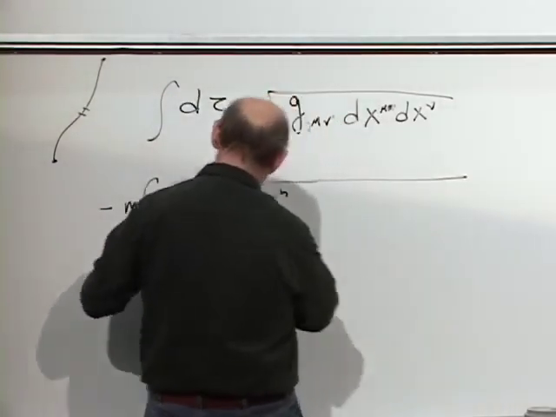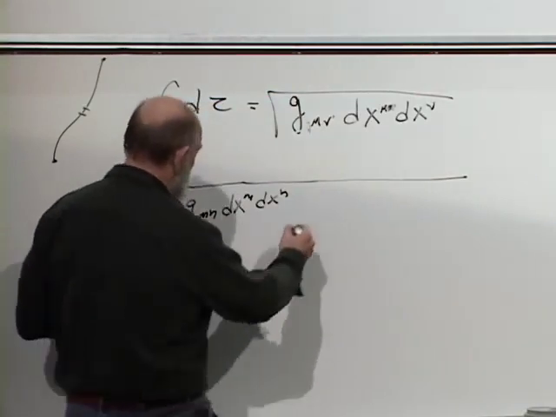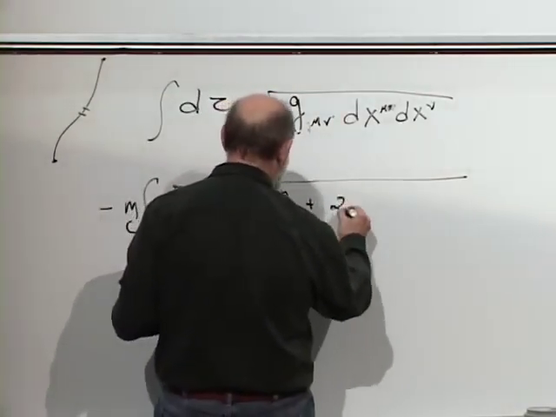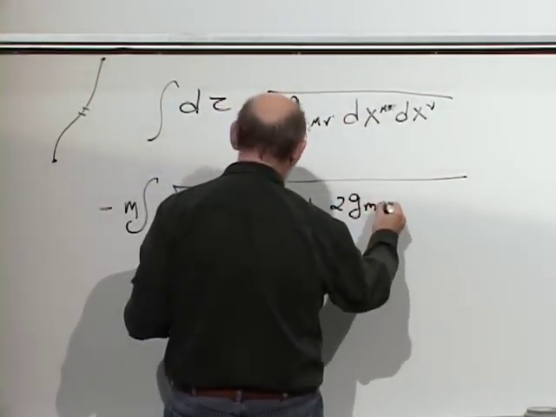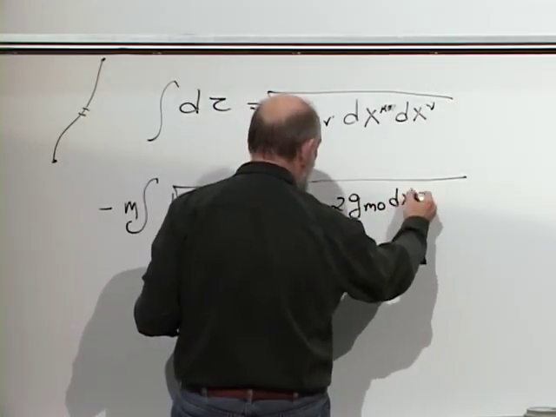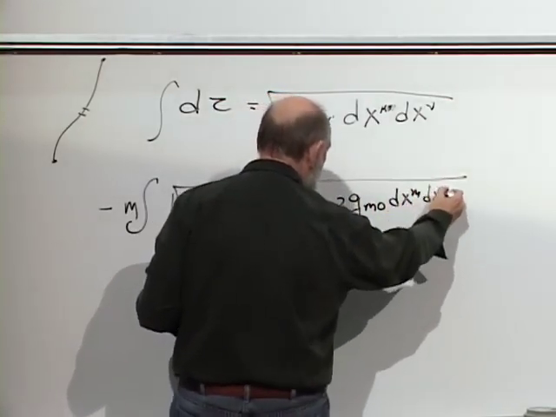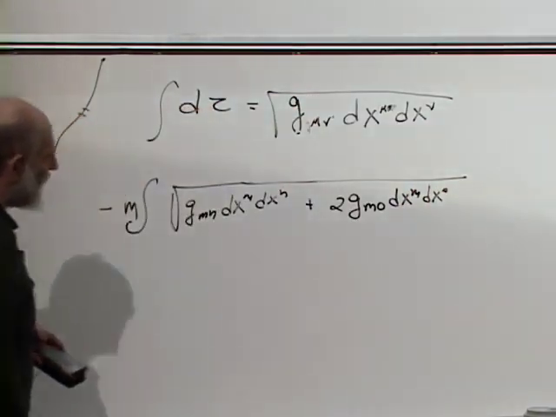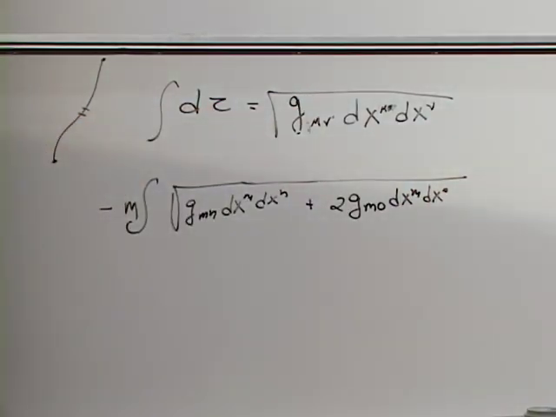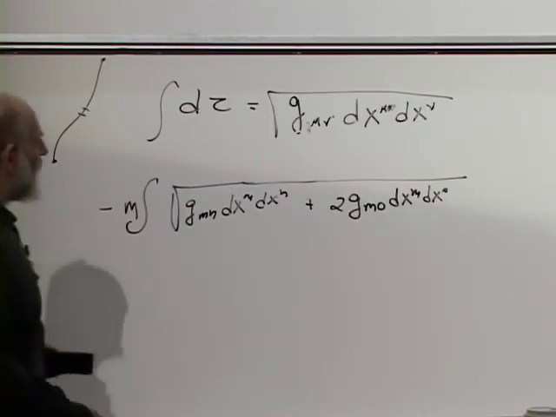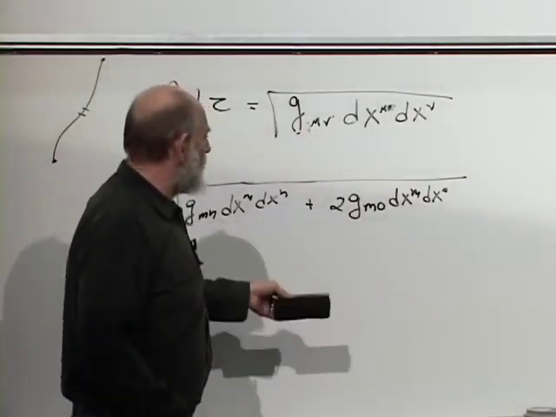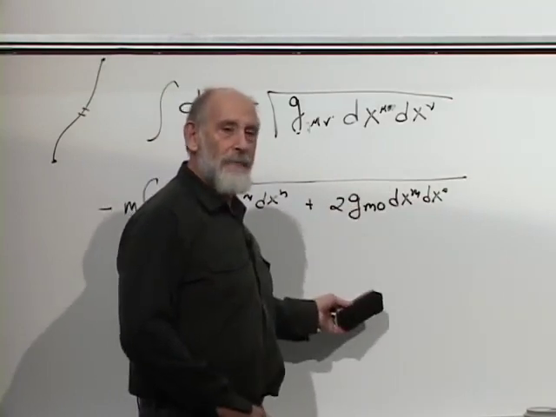Then there's the mixed space-time components plus twice g_m0 dx^m dx^0. Why did I put a 2 there? Because it's symmetric. There's an equal one from g_m0 and from g_0m.